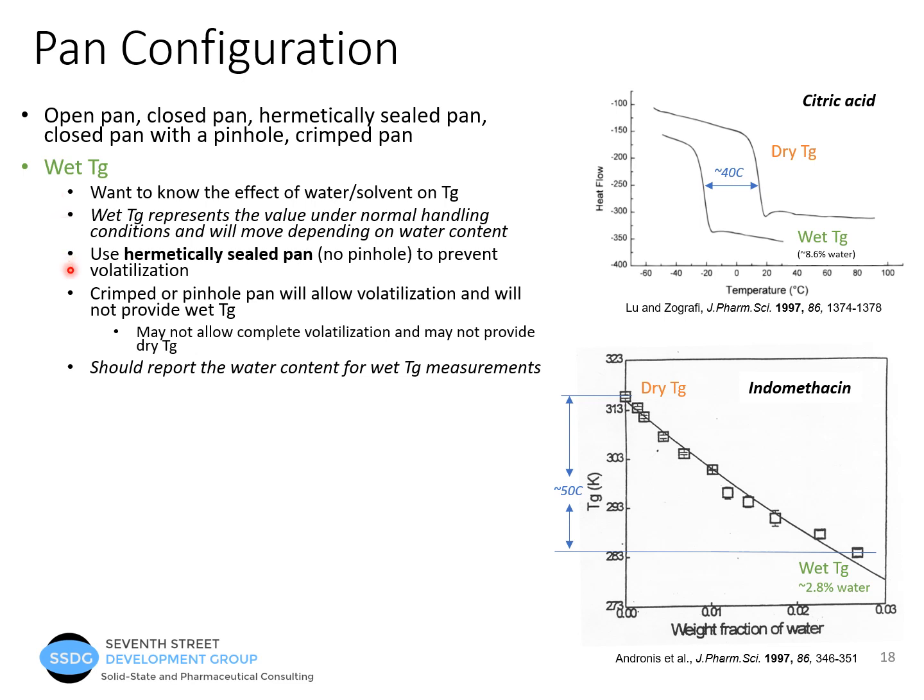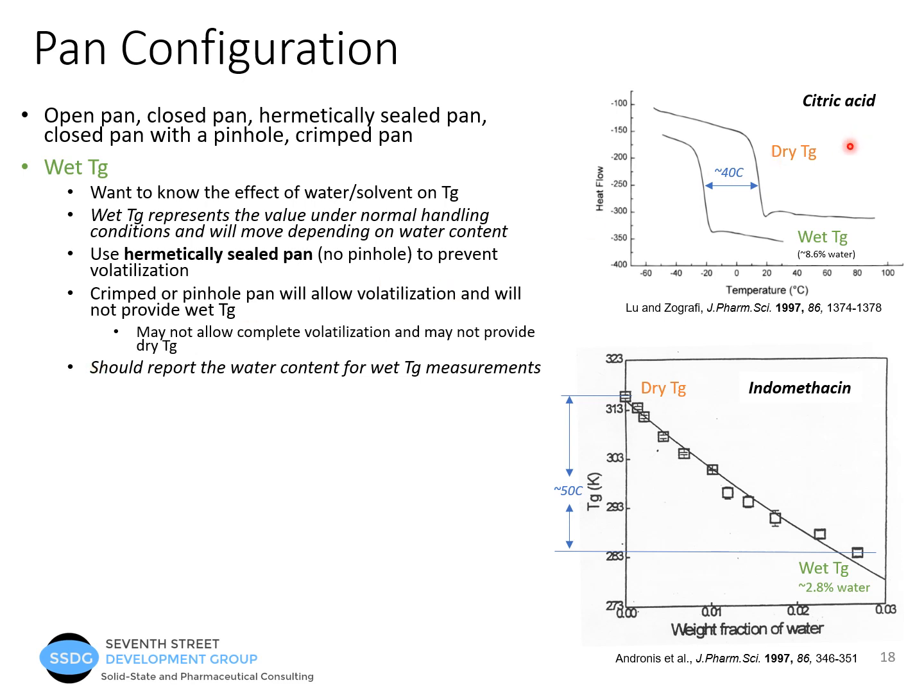So we want to use a hermetically sealed pan, no pinhole, because we want to prevent volatilization. We don't want any of that water or solvent leaving the pan. Now, if you end up using a crimped or a pinhole pan, this will allow for volatilization and will not provide the wet TG. We should also report the water content whenever we're looking at or measuring wet TG values.